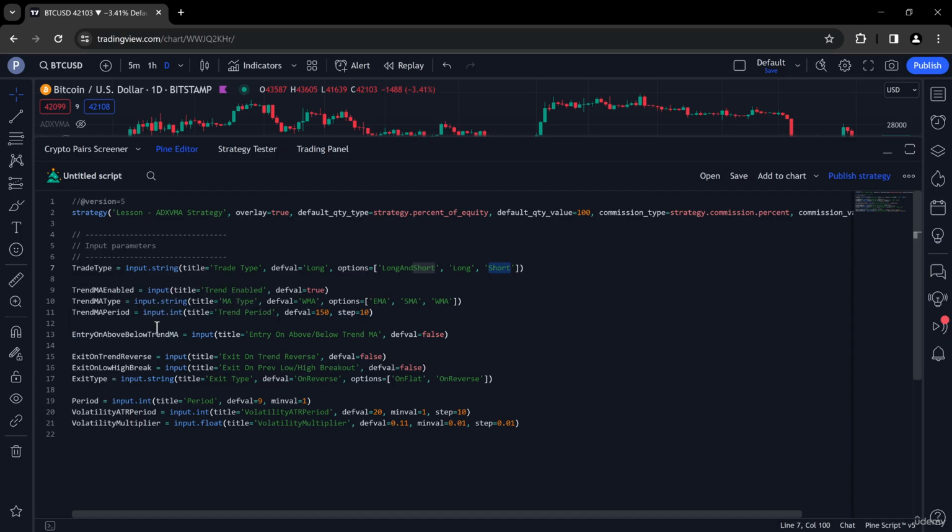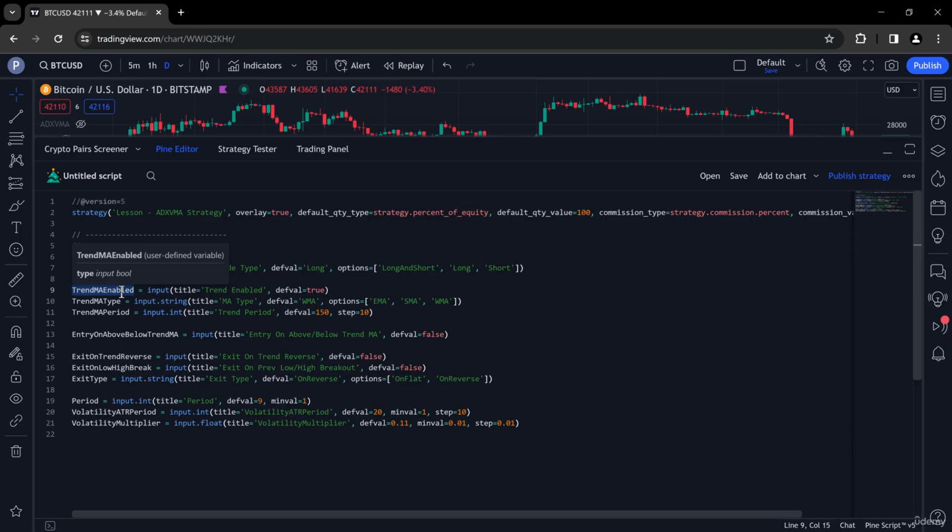Next, we are setting up three parameters related to the trend moving average. The trend moving average enabled parameter identifies whether we consider the trend in the trading signals of this strategy or not.